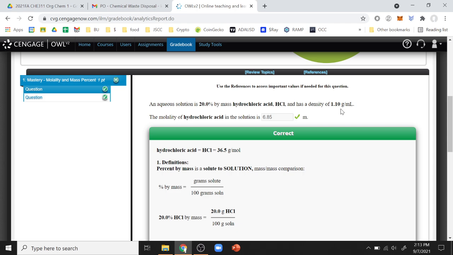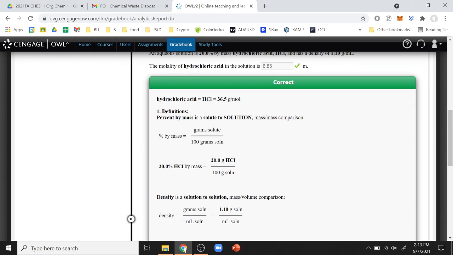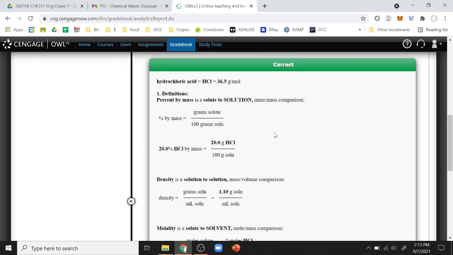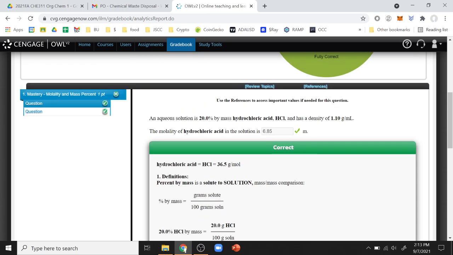But for your case, there's usually data in these that is not really going to be used in the problem itself, let's say. So you're trying to figure out the molality of hydrochloric acid in your solution. Let's skip that.